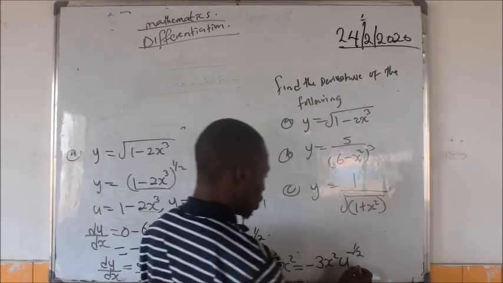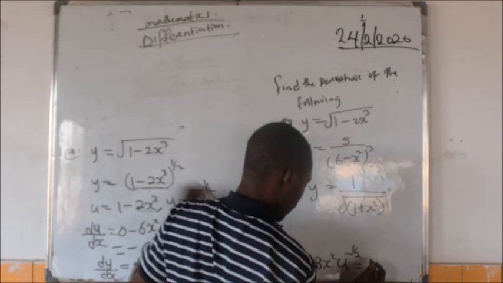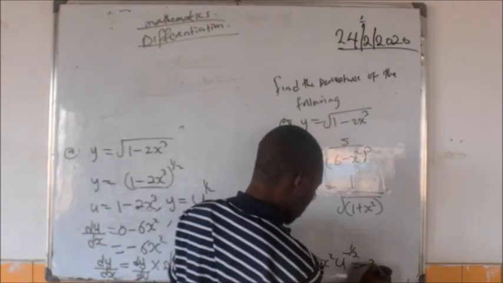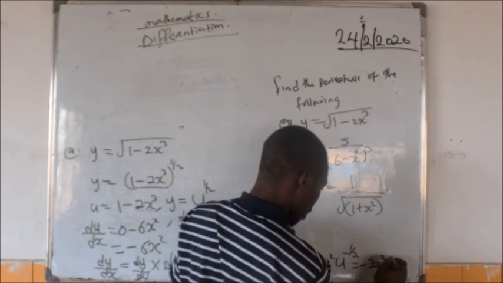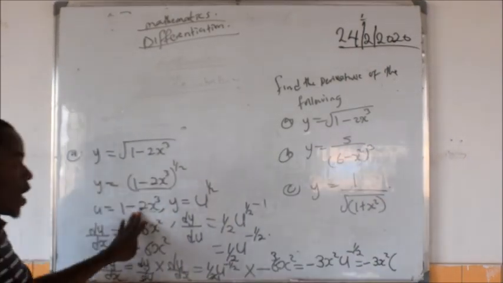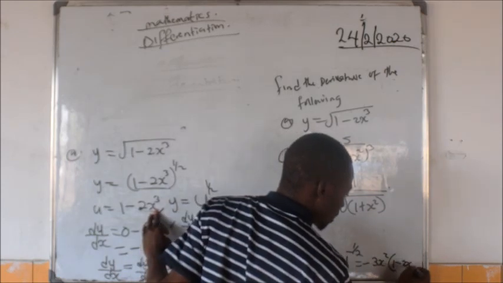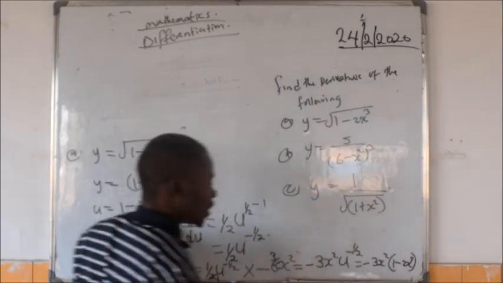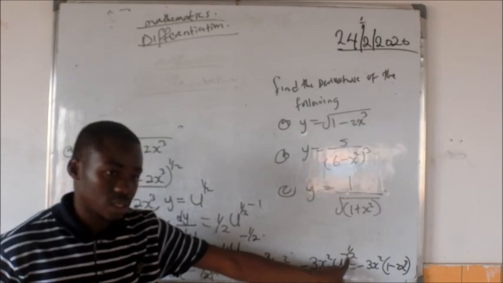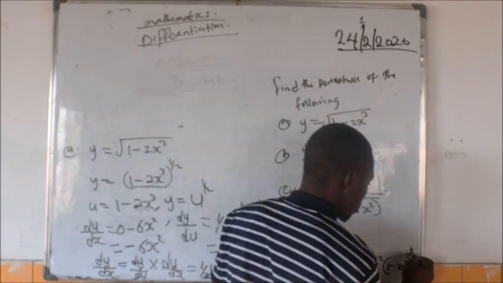Which is now equal to, if you substitute for u, minus 3x squared into bracket. Your u is 1 minus 2x raised to power 3, everything raised to power minus half.